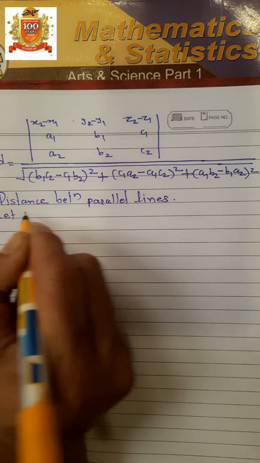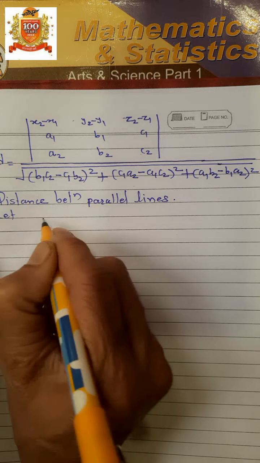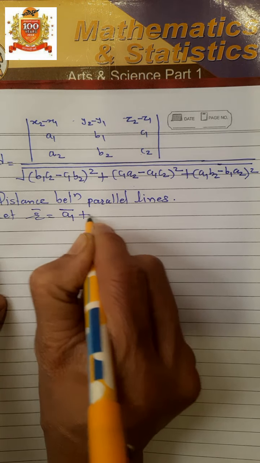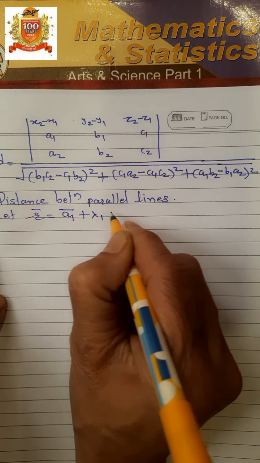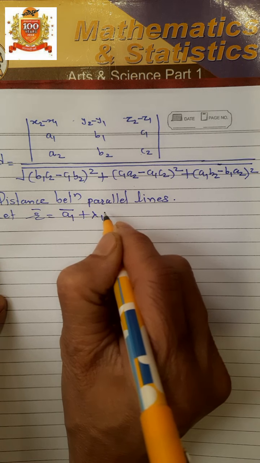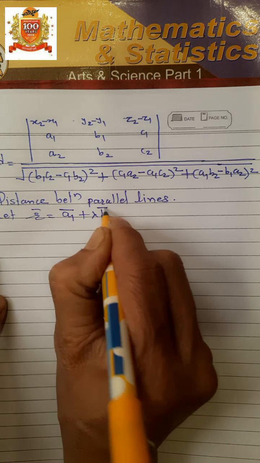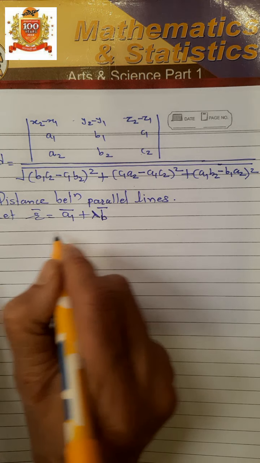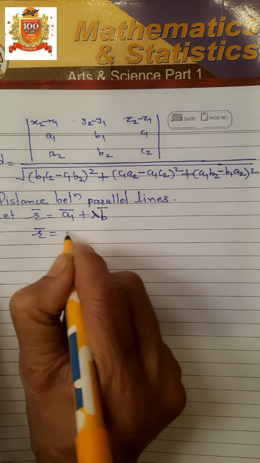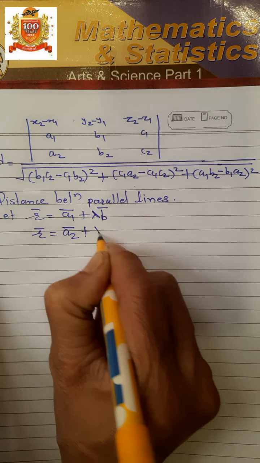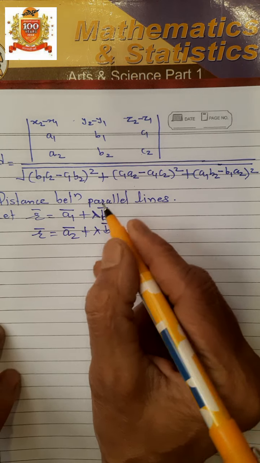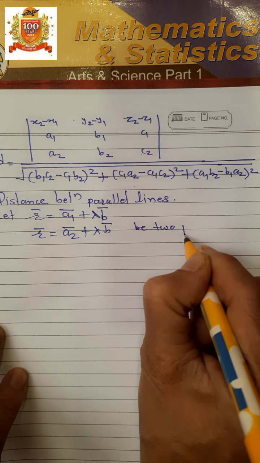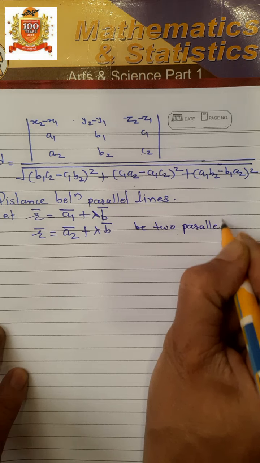Let r bar is equal to a1 bar plus lambda b bar, and r bar is equal to a2 bar plus lambda b bar be two parallel lines.